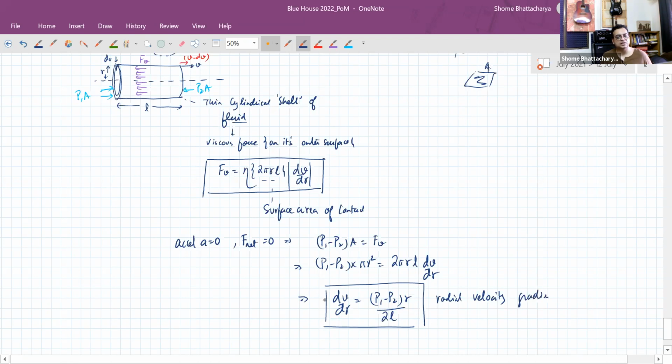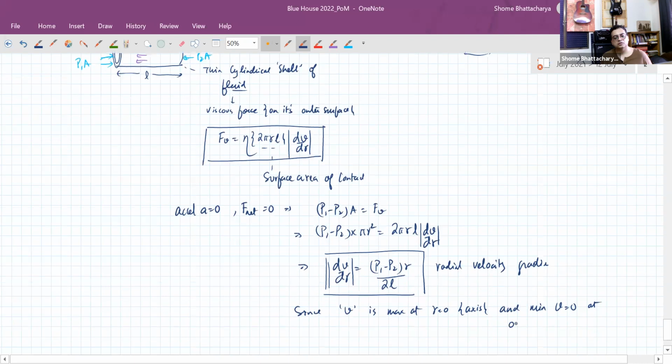There will be an extra minus sign, because this is the mod of dV by dr. Now we understand that V is maximum at R equal to 0, that is at the axis, and minimum, that is V equal to 0, at the outer edge, that is R equal to capital R.